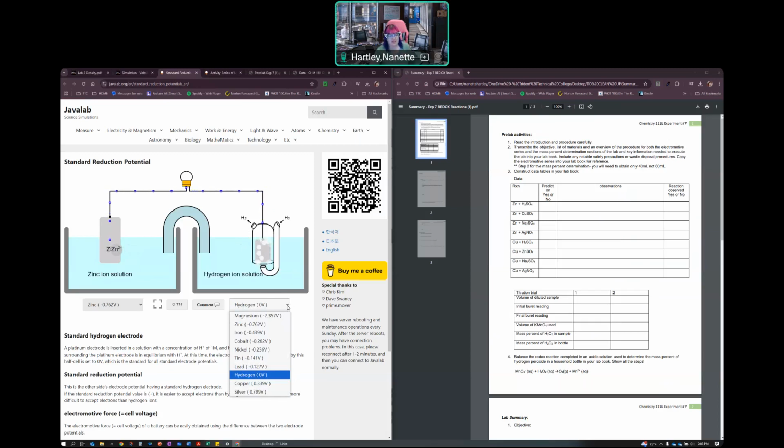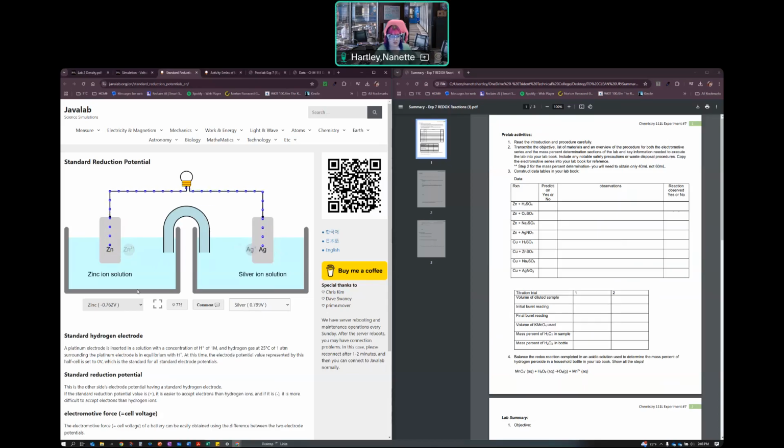Now, I can also look at zinc and copper. That's this one, and this would tell me about zinc and copper. This would talk to me about zinc and sodium. Zinc and sodium I don't see here. Zinc and silver is here, so this would tell me about zinc and silver.